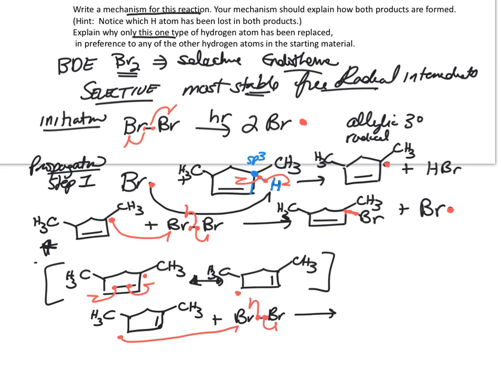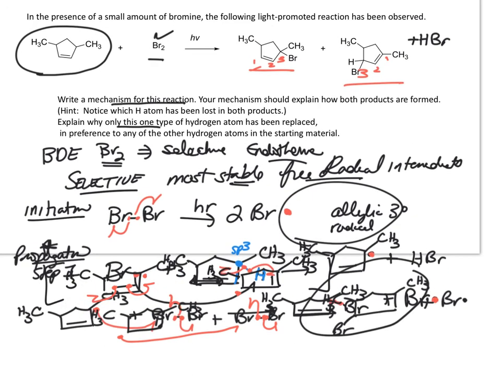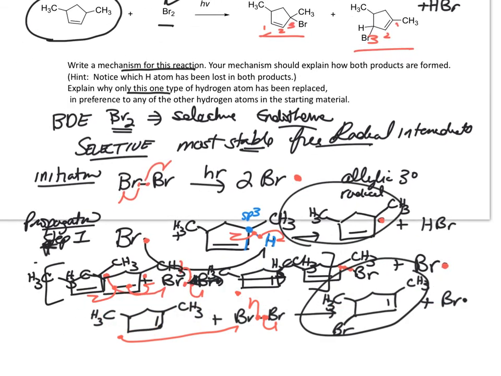The bromine is going to split homolytically, and then you get this product as well. You just redraw it. And here's your bromine. And then you generate the bromine radical. Now look at the structure and see how it's different from that structure, but it's also the same structure that is made here. So both are accounted for, and that's the answer.